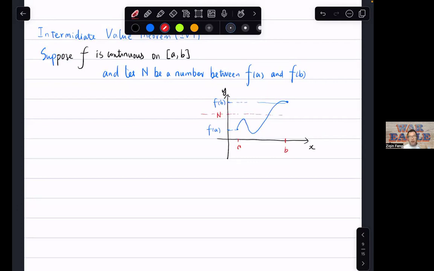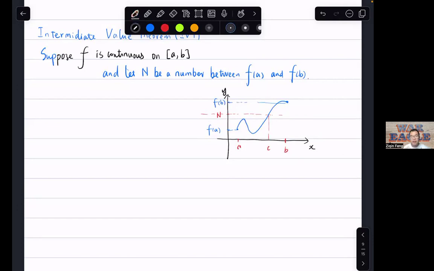Because the function is continuous, you don't have any gap or hole or any vertical asymptote. So there must be a C between A and B at the intersection point, such that f of C, the function value at C, is equal to the given number N. This is our conclusion.